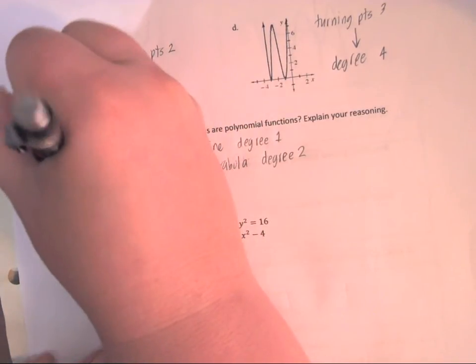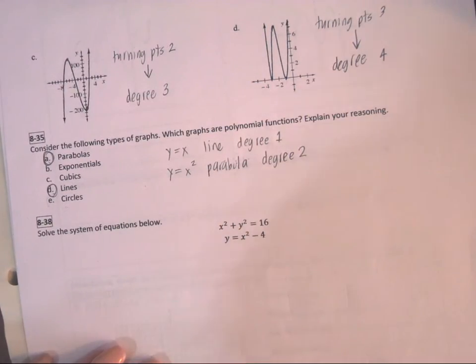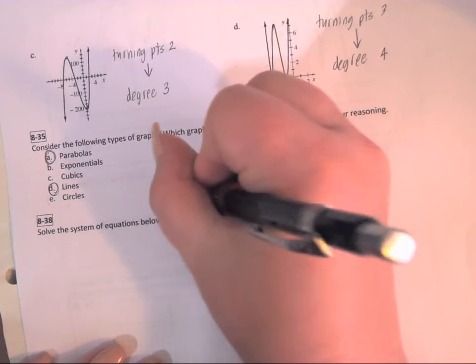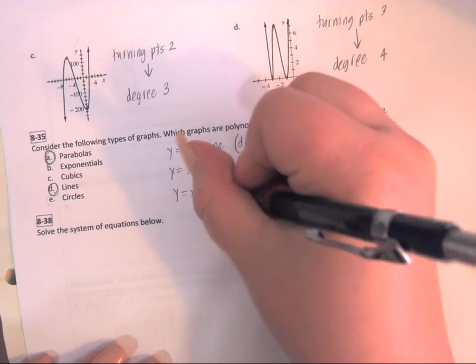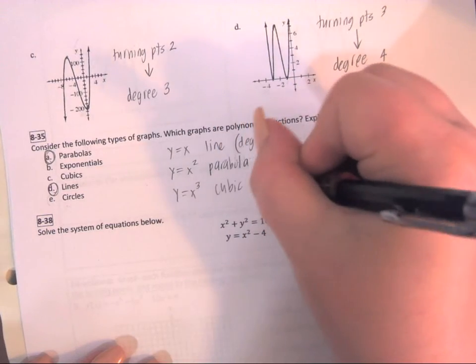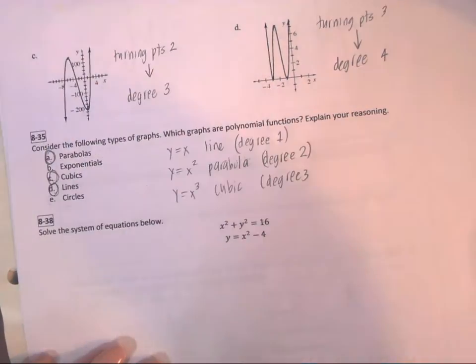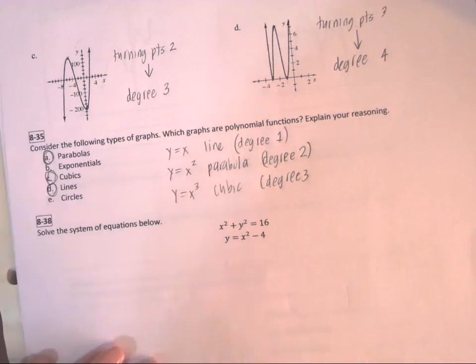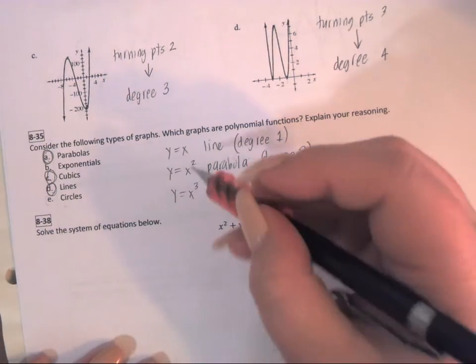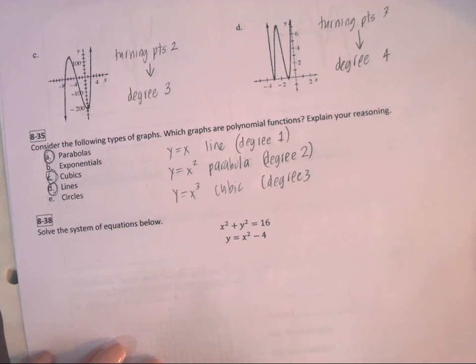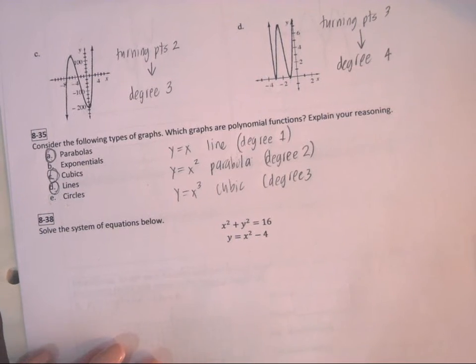So the parabolas are polynomials. And then the parent cubic is like this, and that's a polynomial of degree 3. The exponentials and the circles are not polynomial functions. Polynomial functions are only powers of x or sums of powers of x.